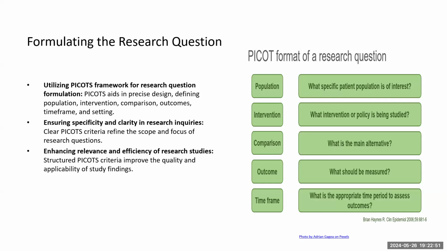After selecting the population, males and females, 65 and above, the next thing that you're going to look at is, okay, what am I measuring? What is the intervention? What is the comparison? What is the outcome? So what are the variables that I'm going to be looking at when I'm trying to write a systematic review?